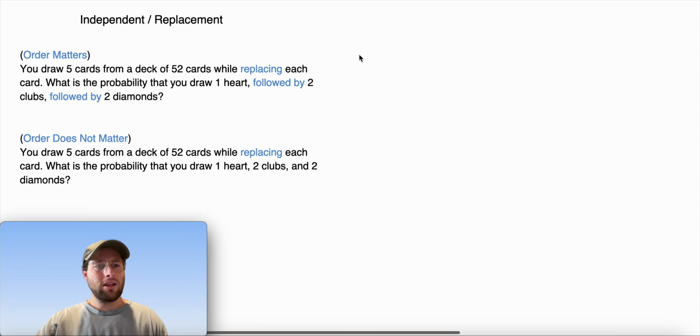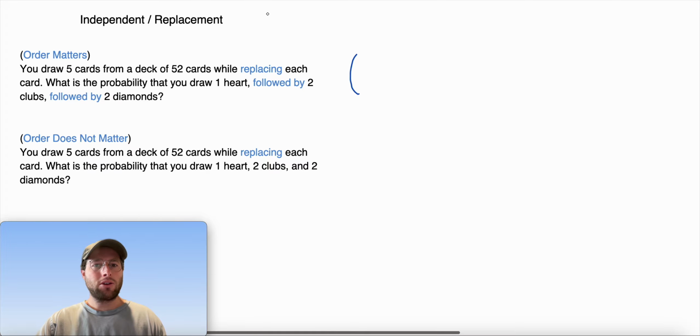So we can begin here with the probability of drawing 1 heart out of 52 cards. We have to keep in mind that in a deck of cards there are 13 hearts, 13 clubs, 13 diamonds, and 13 spades.